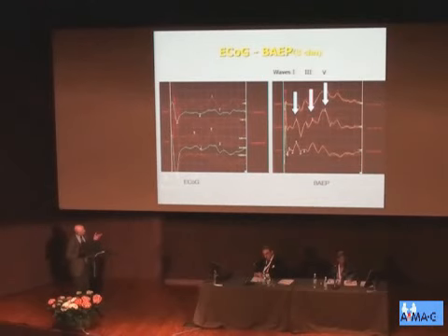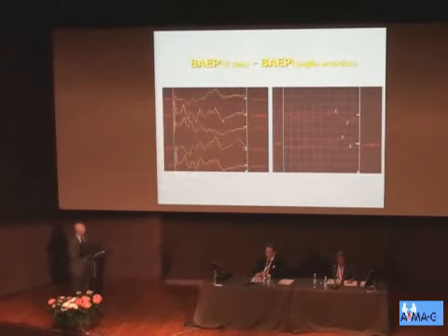This is a recording as we do it in our practice. The peripheral wave reflects auditory reactions. The central ones reflect brainstem activity, and peripheral waves are used to assess cochlear receptor activity.